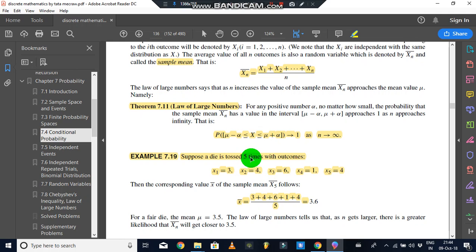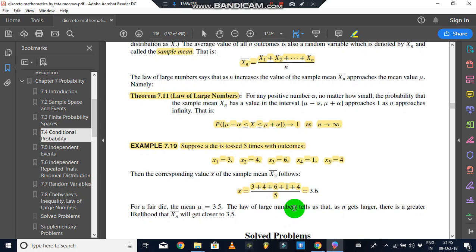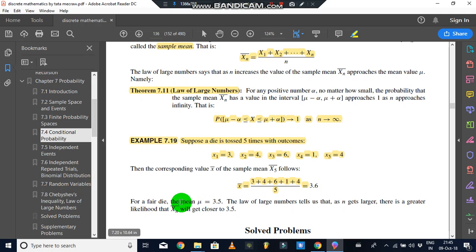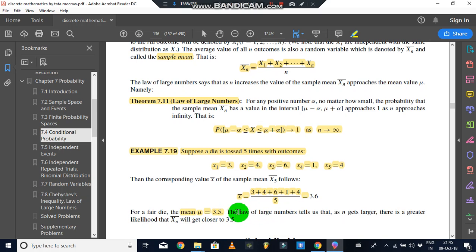Because we tossed 5 times, so n is 5. We get 3.6, and mu is 3.5. So the law of large numbers tells us that as n gets larger, there is a greater likelihood that x n bar will get closer to 3.5.